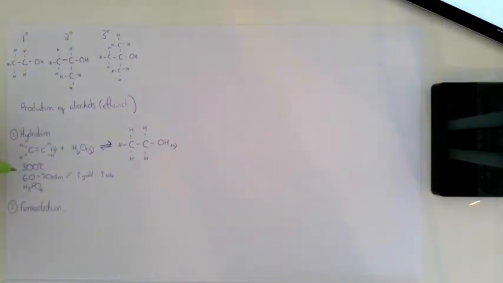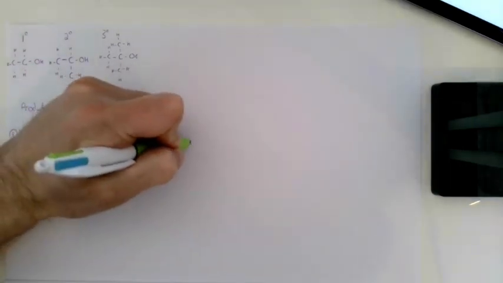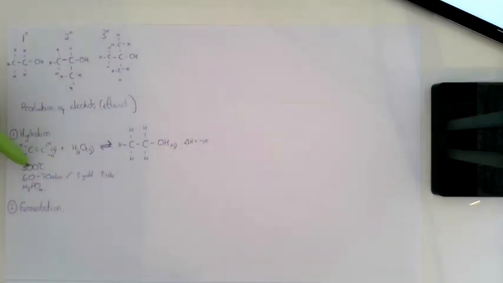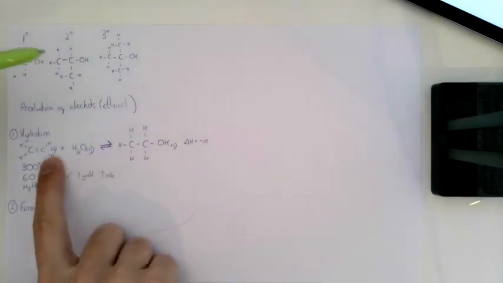Actually, the high temperature, because it's an exothermic process in the forward reaction, so because delta H is negative, the higher the temperature we use, actually the equilibrium shifts in favour of the left hand side.